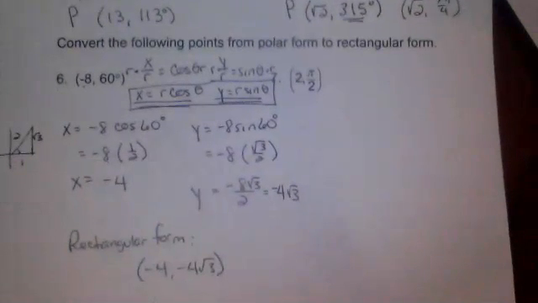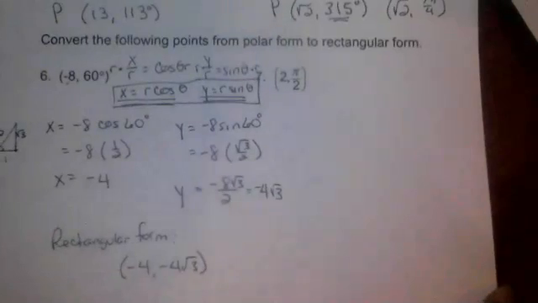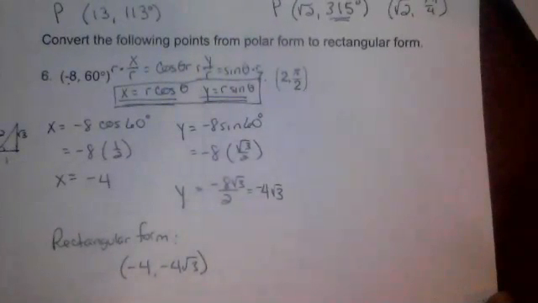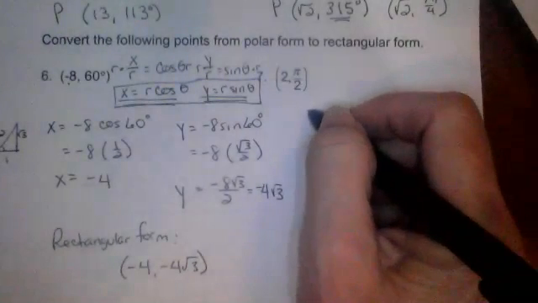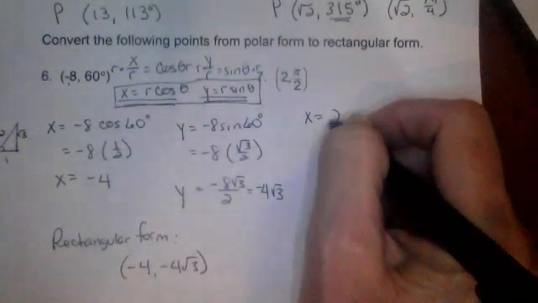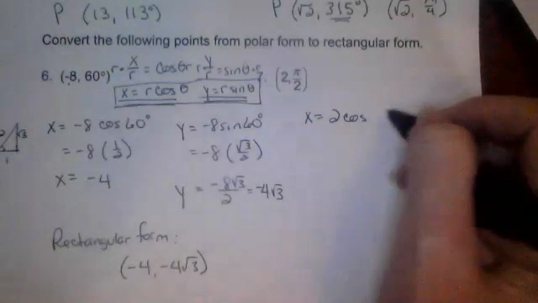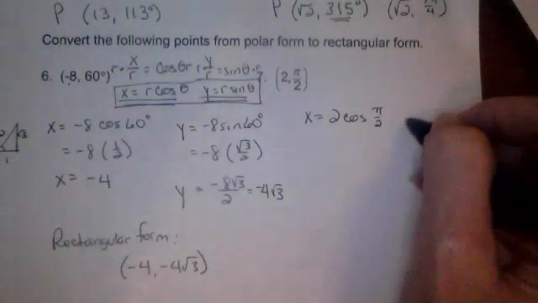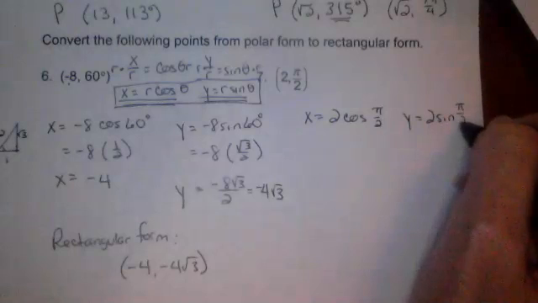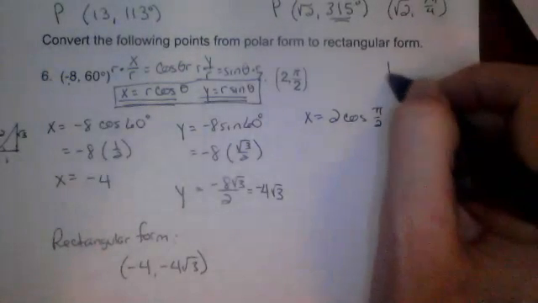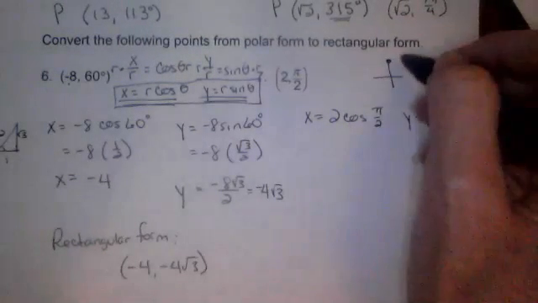Oh, sorry, let's see that. All right, so we're going to do one more of those, and then I'll let you work on your homework. So here we go. Our x value is going to be 2 cosine of pi halves. Our y value is going to be 2 sine of pi halves. Now remember, pi halves is up here at the top, 90 degrees.